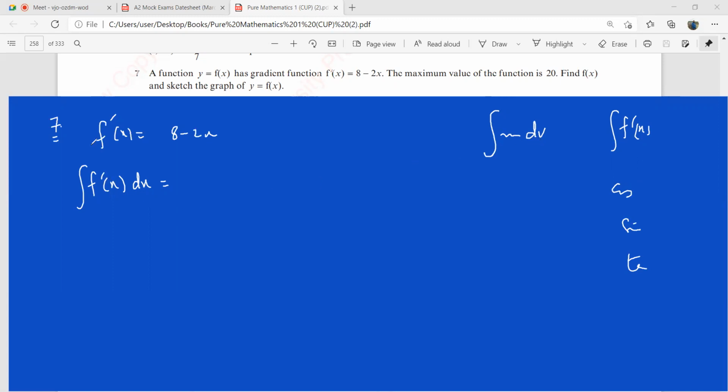Okay. So this is because you are dealing with this the first time in this exercise. So you have to write integral of f dash of x with respect to x. It is read as integral of f dash of x with respect to x. And you will integrate this side as well. And please, you can lose marks if you don't follow these instructions.